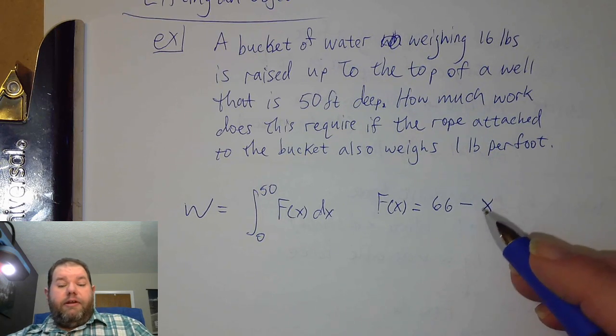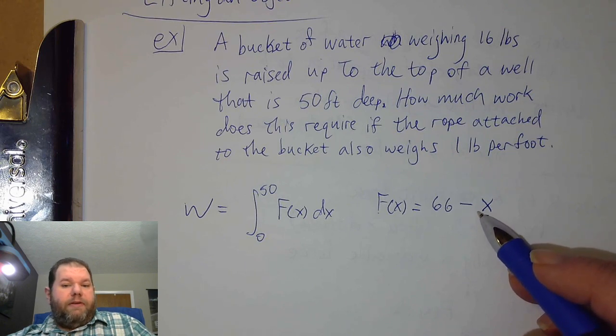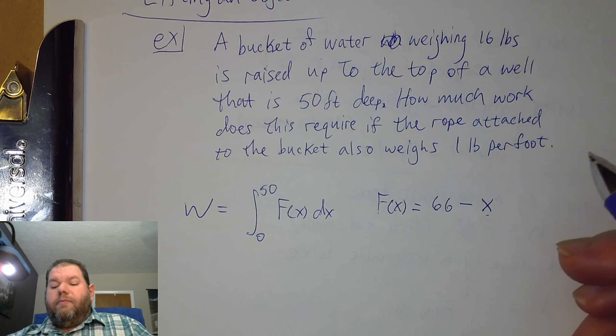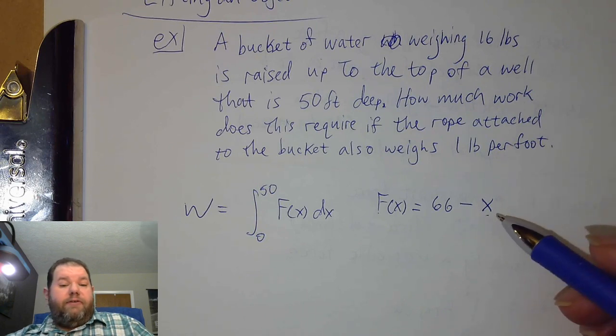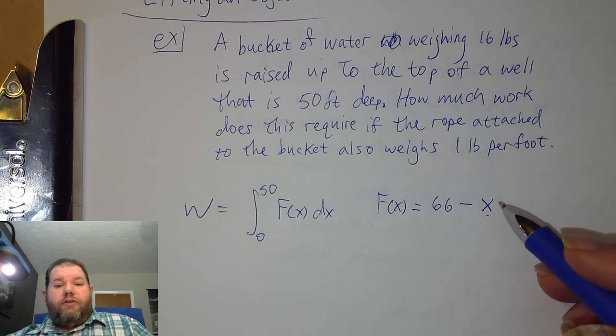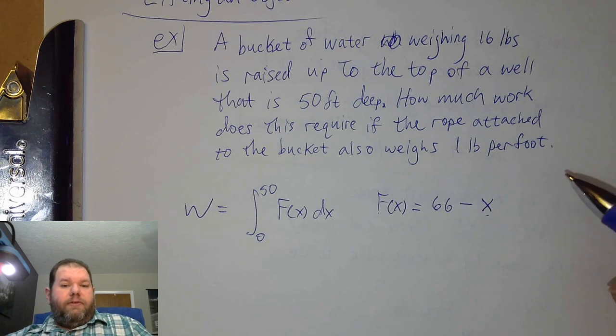So again, it really makes a difference how much rope is applied as we lift up this bucket. So it gets easier as it goes. I mean, overall the amount of work doesn't change, but the amount of effort decreases the less rope is deployed.